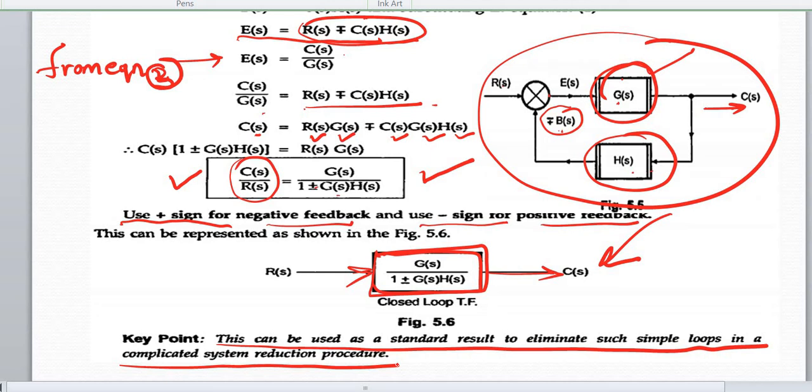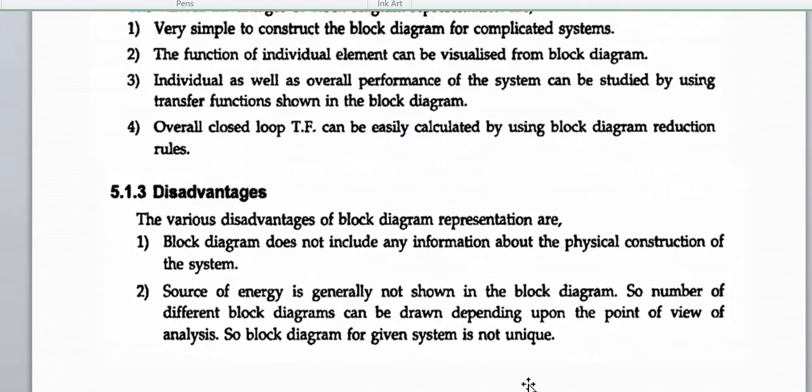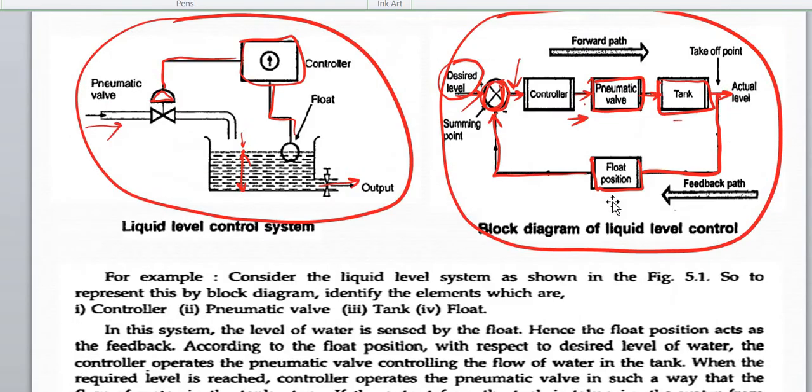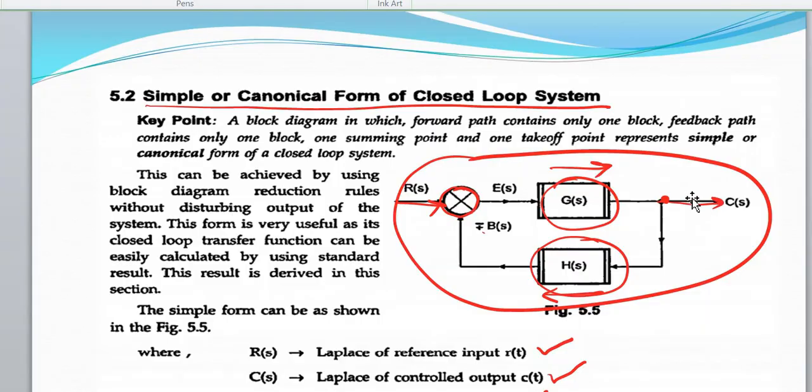Okay. So I had shown you here that the block diagram can be like this. The liquid level system can be like this. So any number of blocks in the forward path and any number of blocks in the feedback path will be reduced with the help of block diagram reduction rules to obtain the simple or canonical form of transfer function.